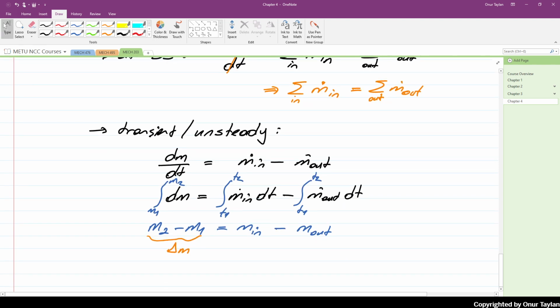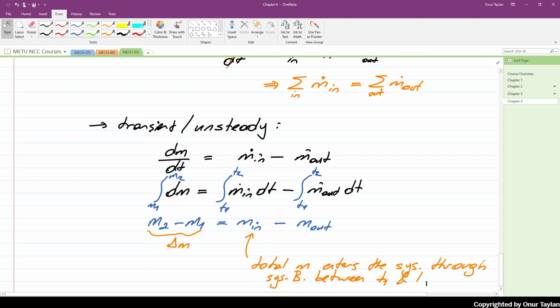So this is, for instance, the total mass that enters the system through the system boundary between t1 and t2.